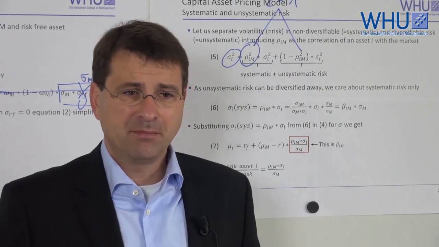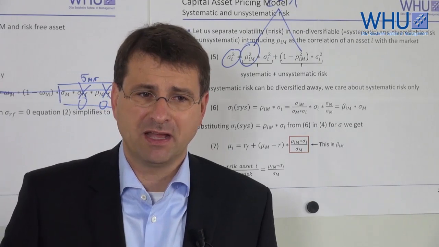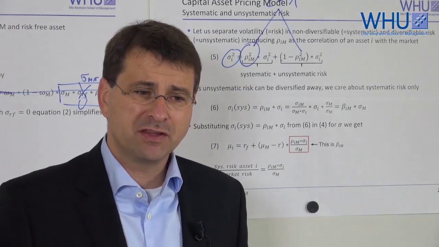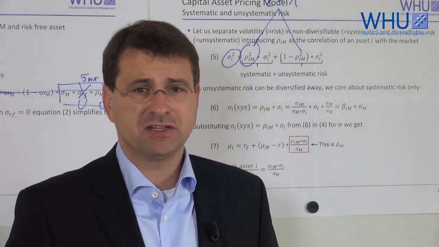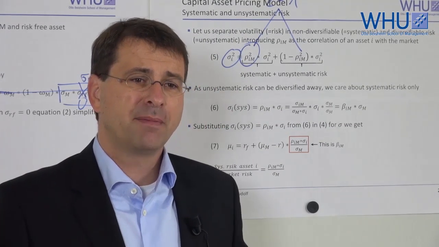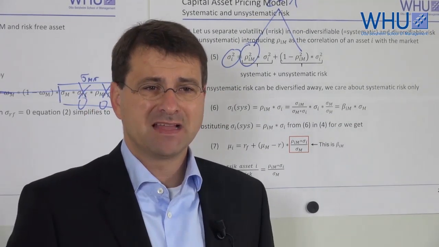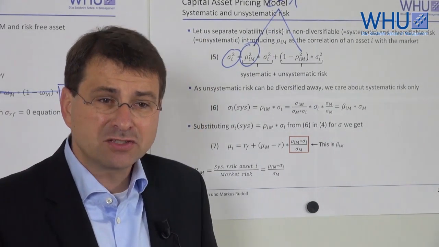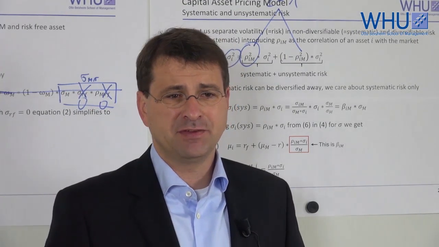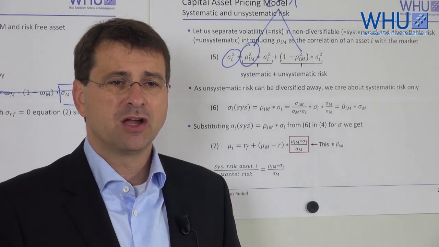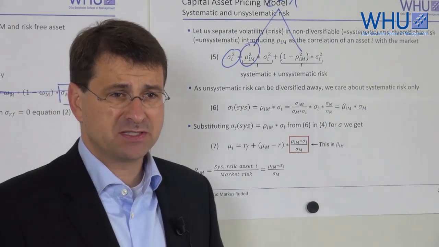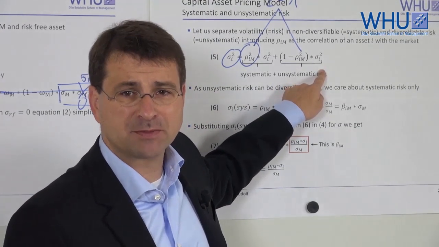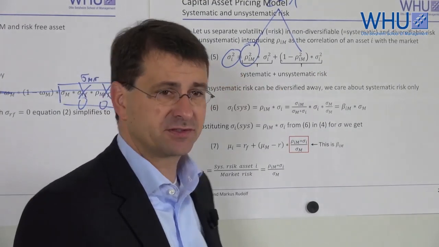Any company, be it a huge blue chip company in Germany like Henkel, for instance, has components of its variance which are driven by individual decisions taken in the company, but they are also driven by the market as a whole. Any German blue chip company is driven by the DAX, which is the German market index. But it's also driven by individual, company specific factors. Those company specific factors are called unsystematic risks, and the market specific factors are called systematic risks.